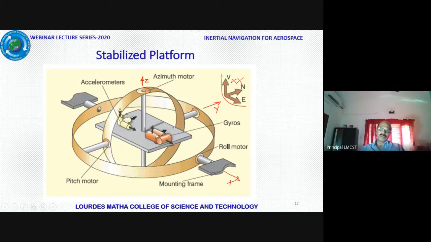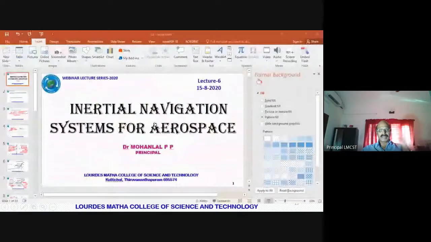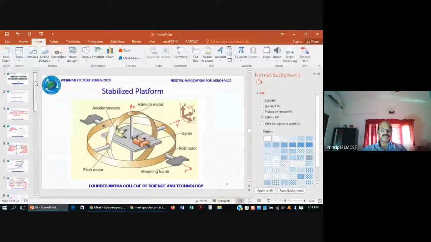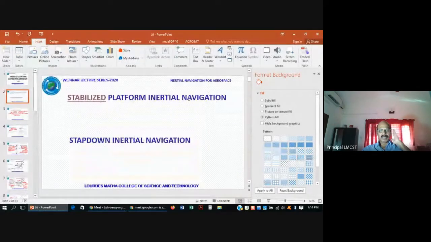So this is a simpler system which was existing till the early or late 60s. The stabilized system was there. Even Apollo 11 has used this system.